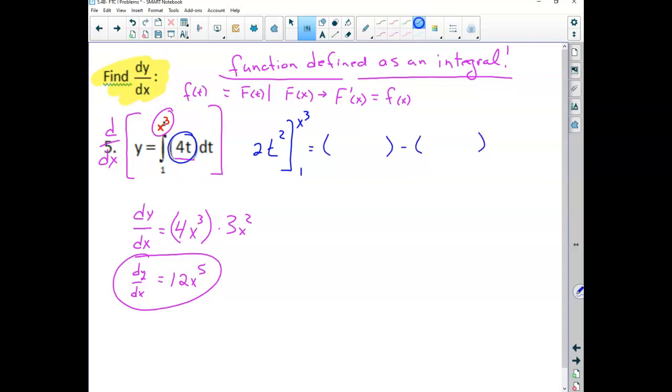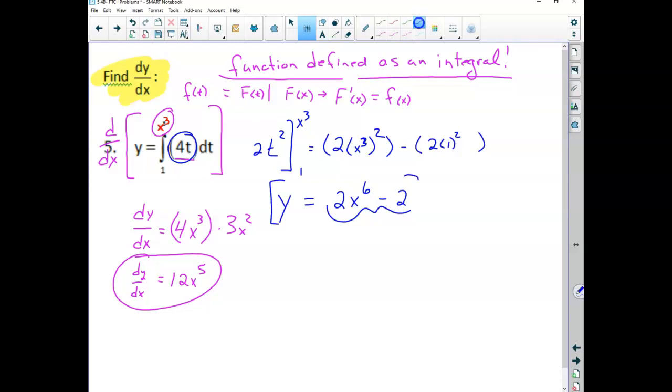The first guy is 2 times x squared, cubed, squared, minus 2 times 1 squared, and that's going to be 2x to the 6th power minus 2. That is what my function really is if I integrate it with its constant and everything.